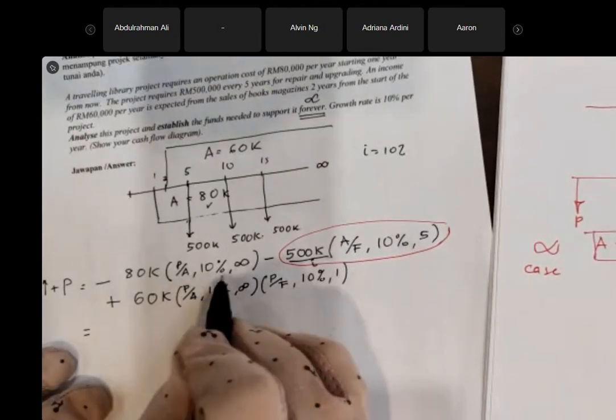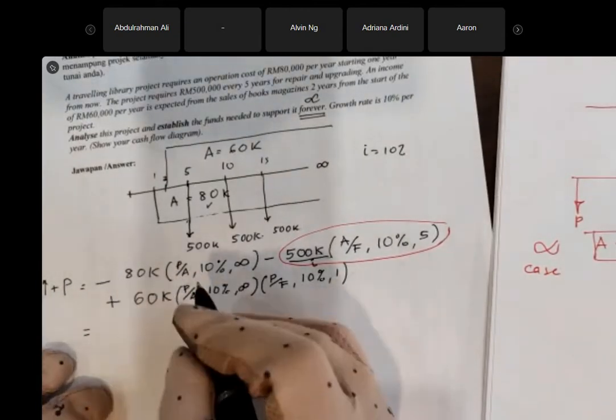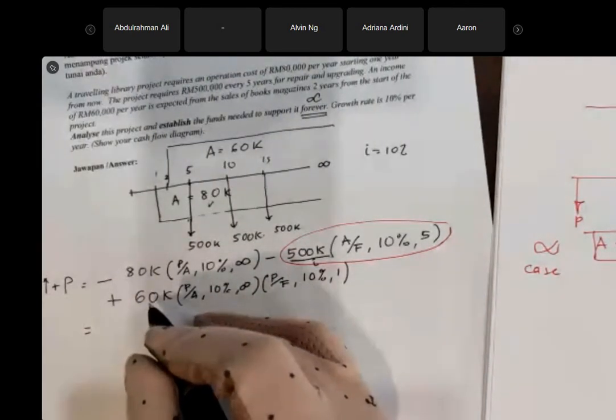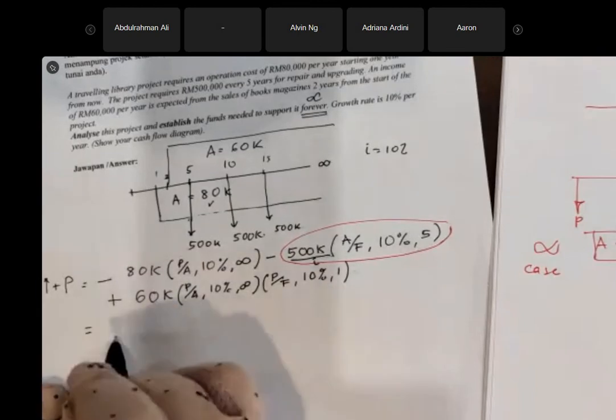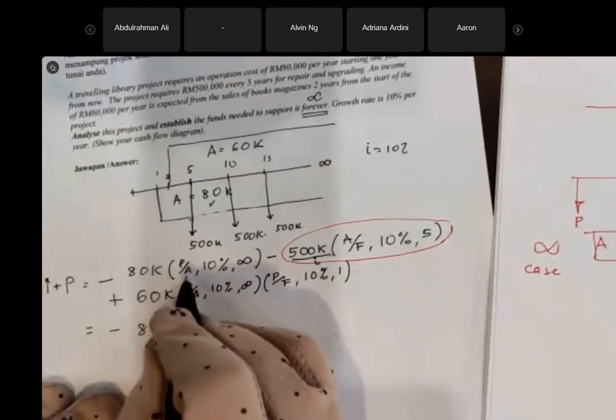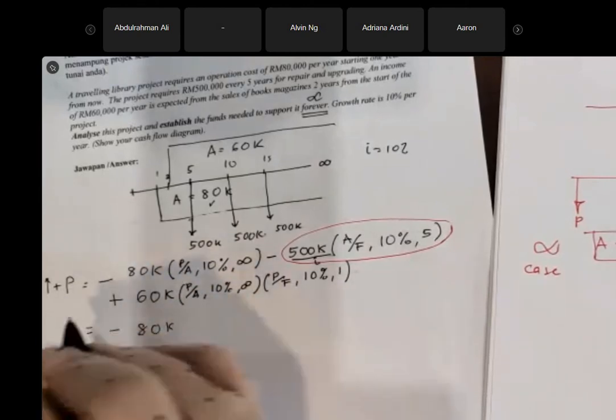Okay, now you can solve. Ini apa? Ni negative 80k. Okay, P over A. P is A per I kan?